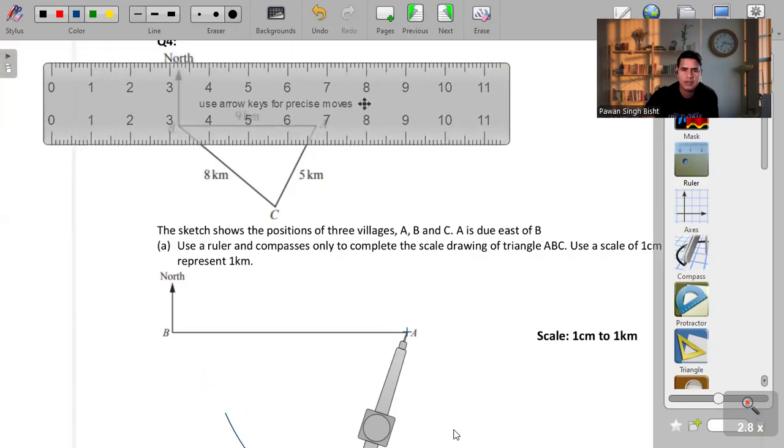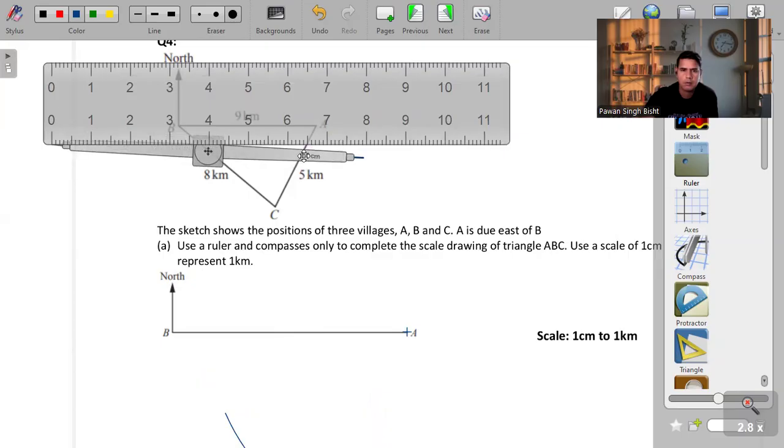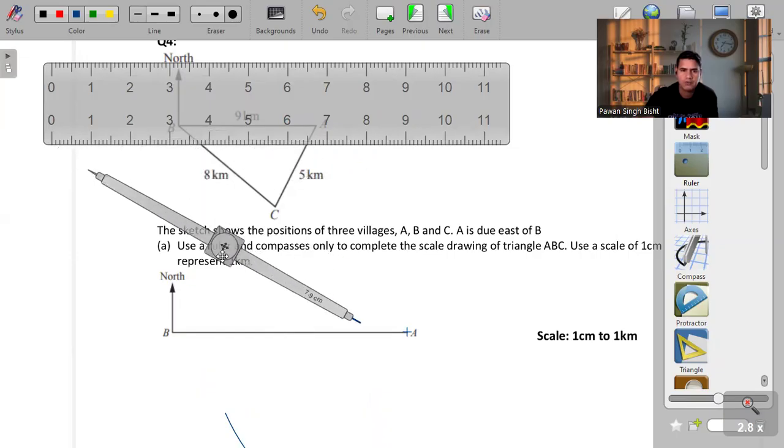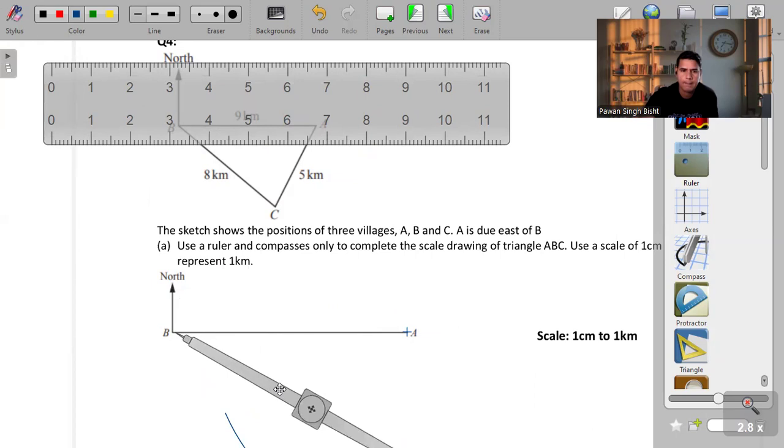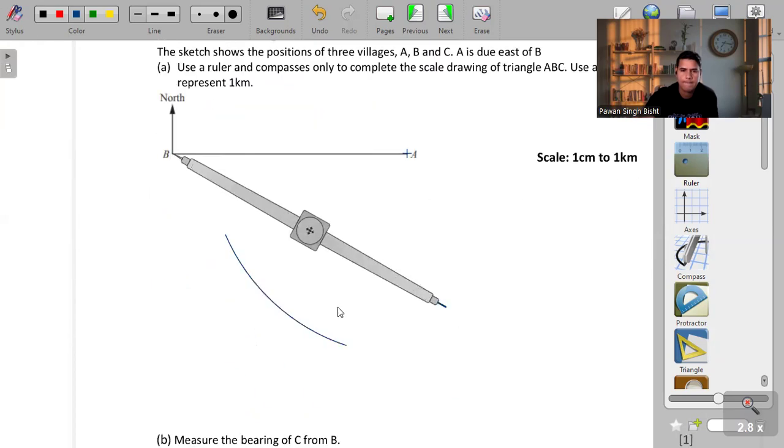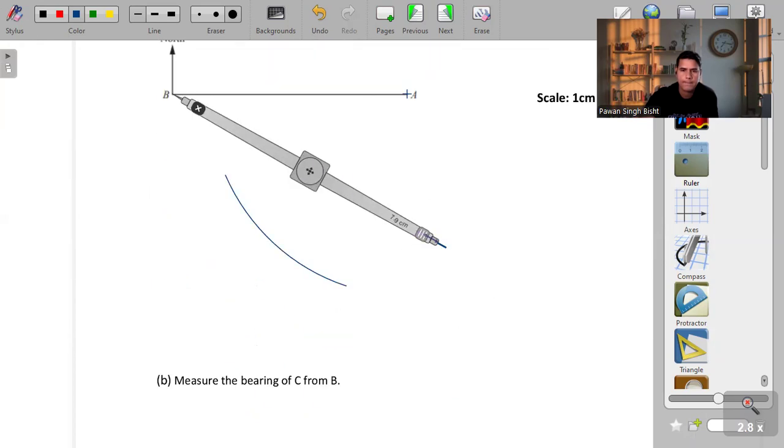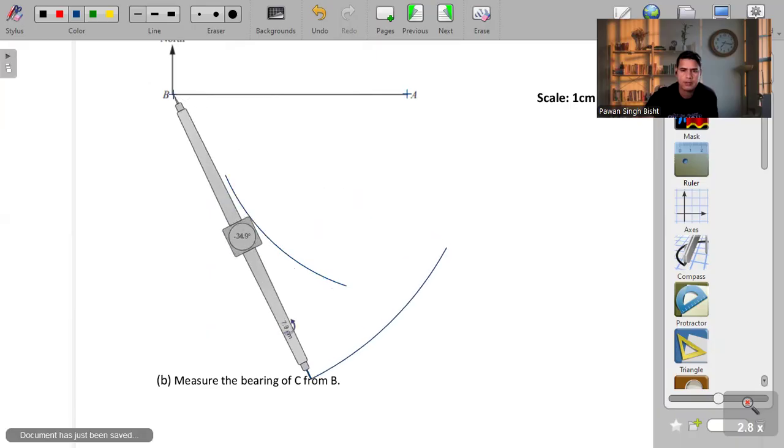Do you understand? Now again take your compass and measure a length of 8 kilometers. Yeah, this is 8 kilometers. Okay. Now put the tip of your compass on B and draw another arc.